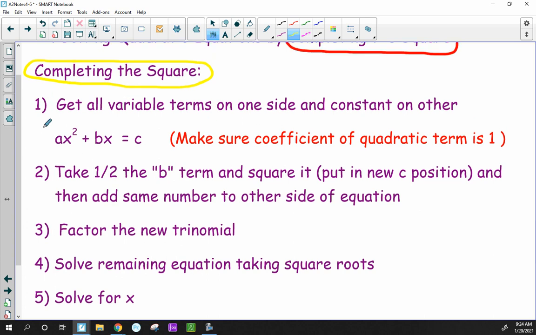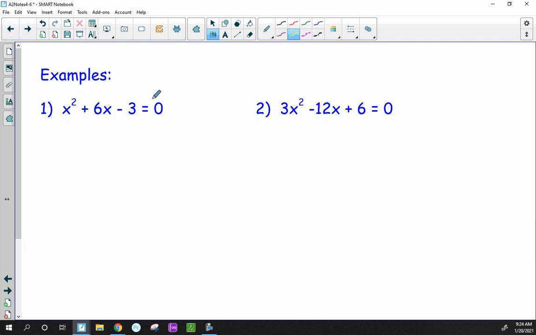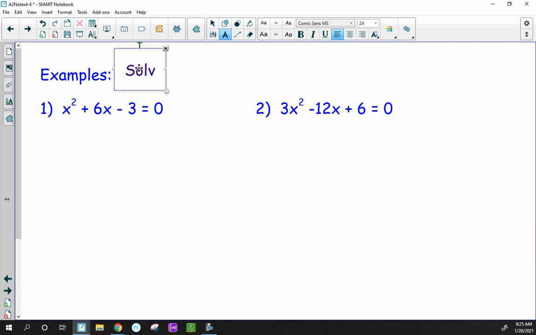Alright, so if we got all 5 steps written down, ready to go, and I'll refer back to these, we're going to make sure we understand each piece. Okay, example 1. And I'm going to type up here, solve by completing the square.